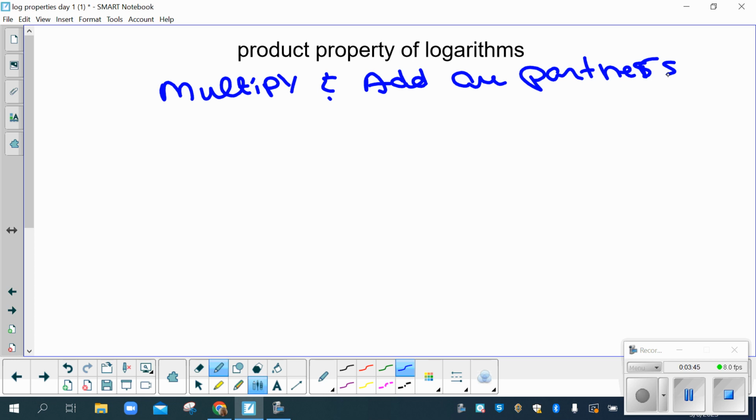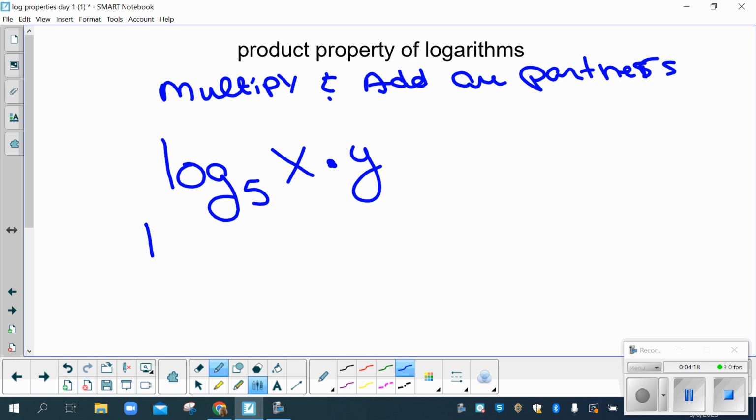And you're like, what does that even mean? I'm going to show you. So here's what it's going to look like, and you can write this one down. Log 5 of x times y. This is one problem squished together. It's got one log, and it's got some things in its guts that are squished together. Our job today is to spread it out. And the way that we spread it out is if they're multiplied in the guts, we can spread it out with adding, and this is what it's going to look like.